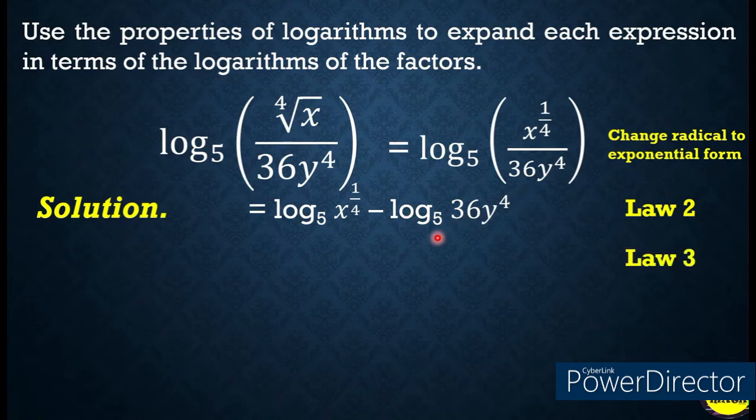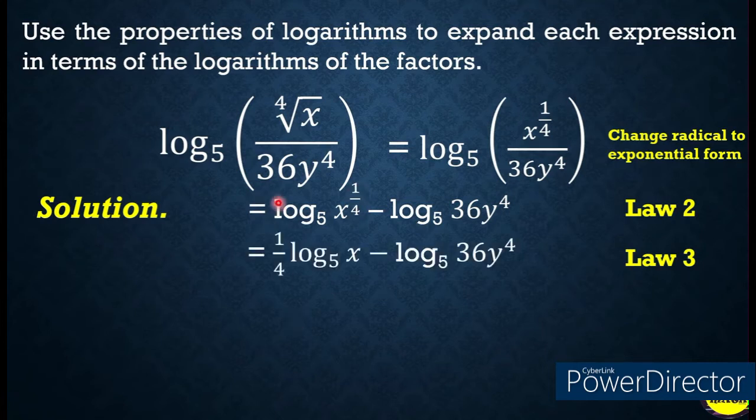And then, okay, using the logarithm of a power, so yung exponent natin, ilagay natin sa unahan ng logarithm natin. So, that is 1/4 logarithm of x with base 5 minus logarithm of 36y to the 4th power.